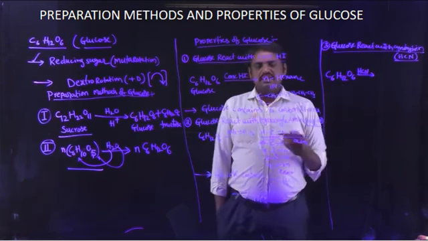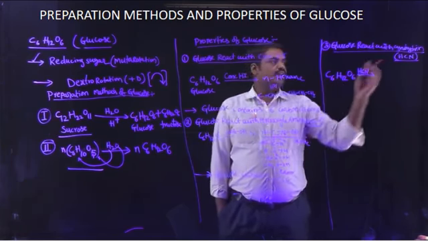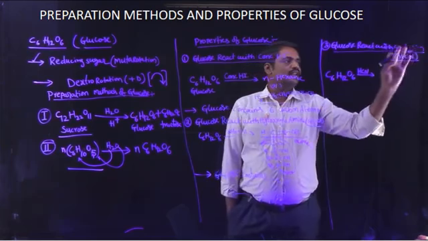HCN means hydrogen cyanide. Glucose reacts with hydrogen cyanide, not cyanohydrin.